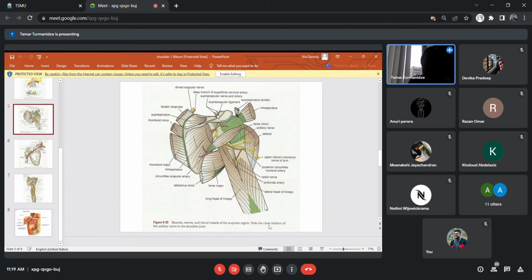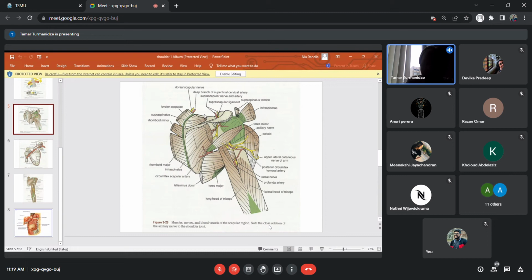Below this deep group of the muscles, anastomosis between artery circumflexa scapulae and suprascapular artery is formed in scapular region.